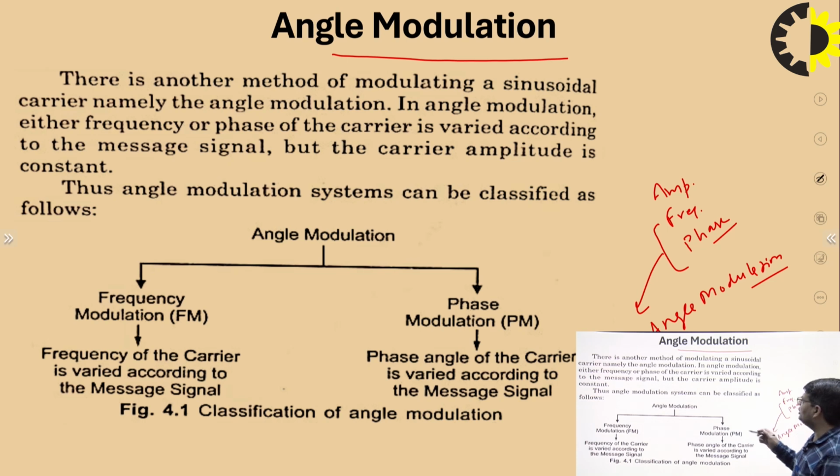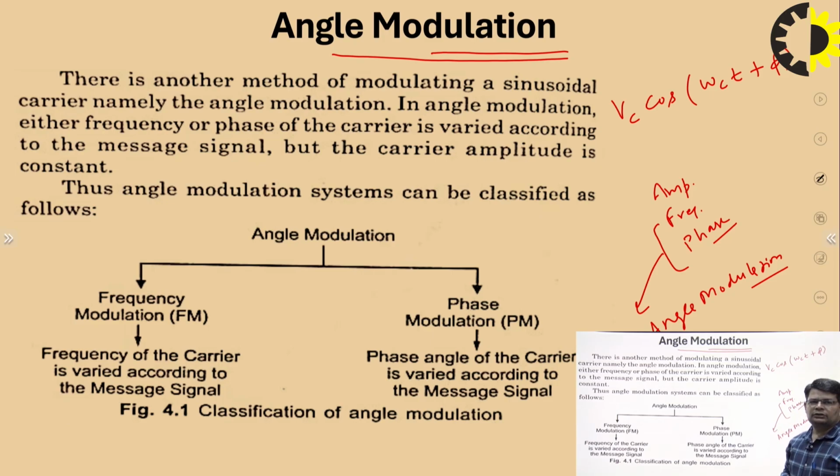As we have studied, modulation is varying the characteristics of the carrier signal. Let's say we have a carrier signal Vc cos of omega ct plus phi.